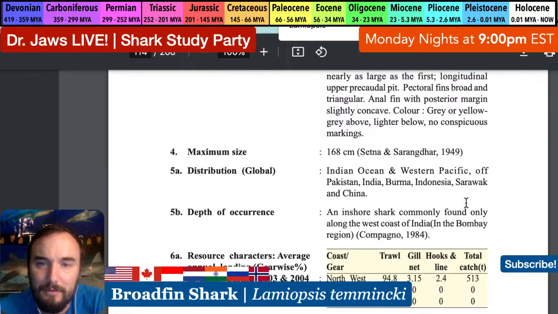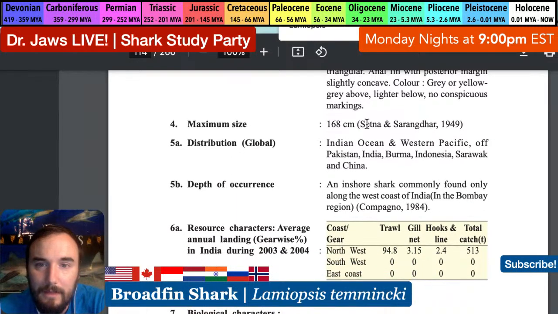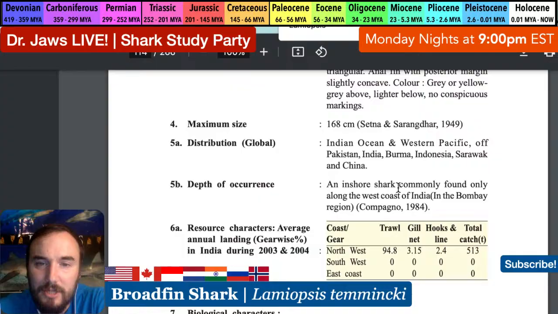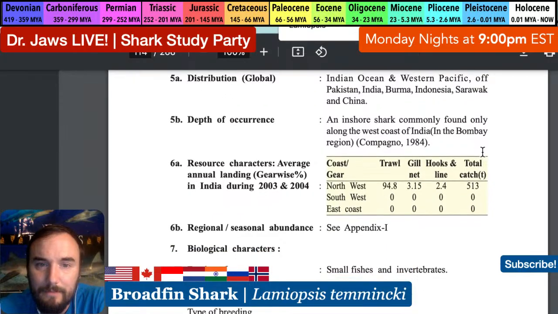Maximum size is 1.6 meters for the male sharks. Distribution global is Indian Ocean, West Pacific, off Pakistan, India, Burma, Indonesia, Sarawak, and China. So that's actually a larger range than IUCN Red List is suggesting. Depth: an inshore shark commonly found only along the west coast of India in the Bombay region.